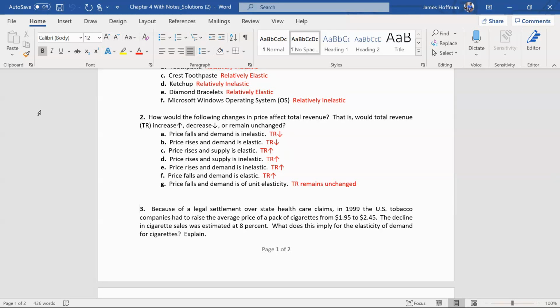Okay, so is everyone good on the total revenue test and what we talked about here? This is just restating what we learned about elasticity and how that relates to total revenue.